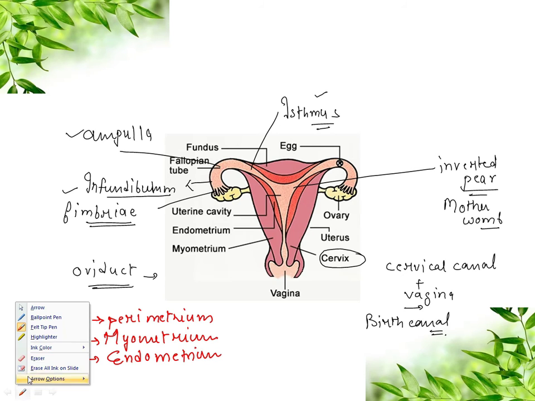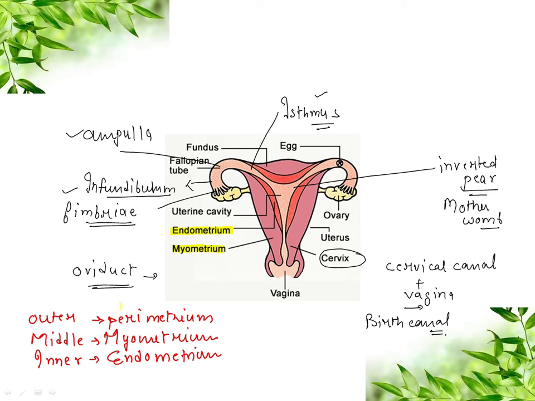The three terms which we have written here, you can see: endometrium, myometrium, and the outer you can see as the perimetrium.